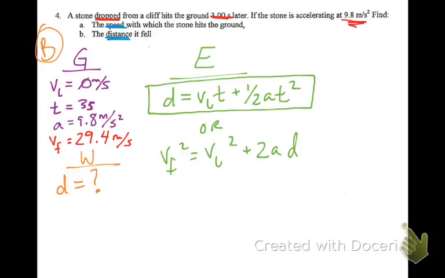The other reason is, what if, hypothetically, you got our final velocity wrong? Well, now you're going to be plugging a wrong number into an equation if you use this second equation here. So what I try and stick to is using as much of the given information as we possibly can.